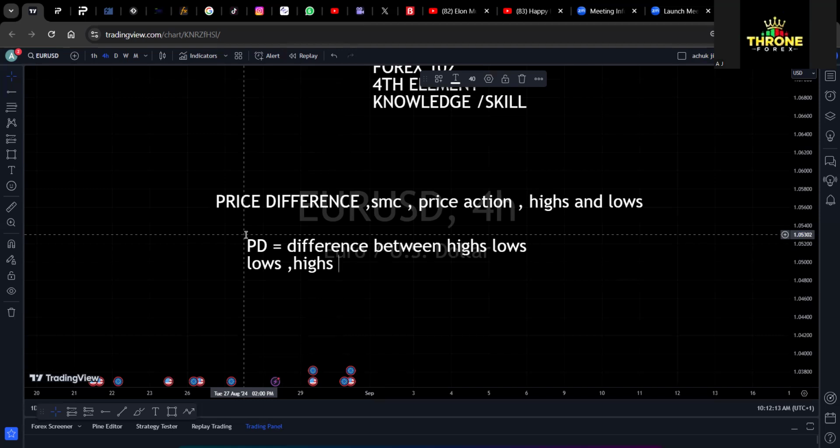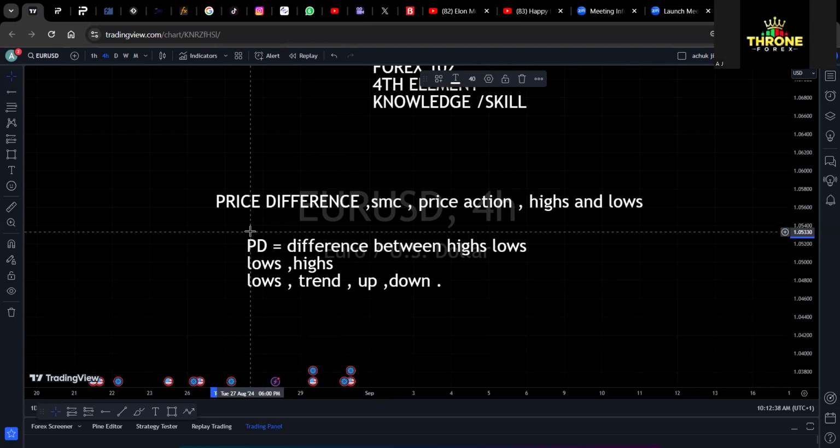But you need to understand how the lows come about. The lows come in form of a trend, and that trend has to either be an uptrend or a downtrend. The reason why we have those is because the market is not linear.